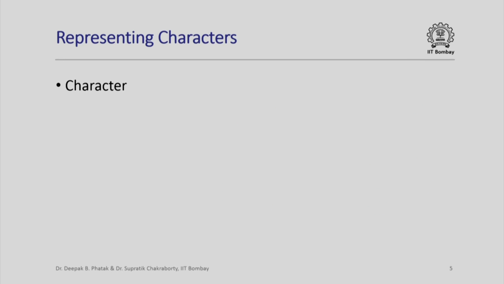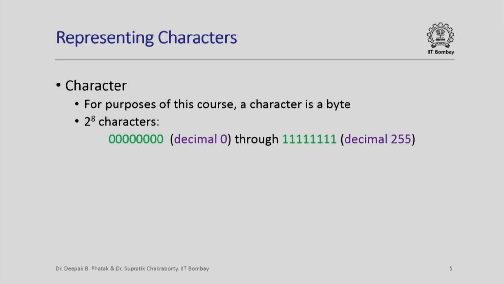Now when we try to represent a character in a computer, a character is going to be represented by a byte, that is 8 bits. Since you have 8 bits and each bit can take on either 0 or 1, you can represent 2 raised to 8 or 256 different characters, and the valuations of the corresponding bytes would range from all zeros to all ones, and we have already seen how to read a binary sequence of zeros and ones as a decimal integer.